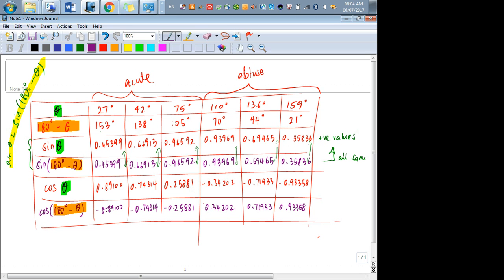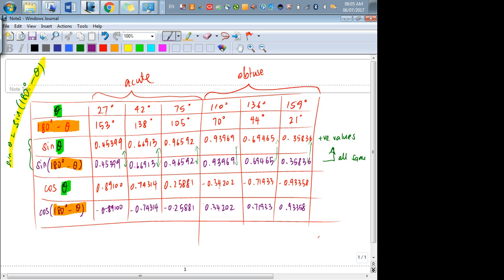Okay, so what do you notice about the values in cosine theta and cosine 180 degrees minus theta? What can you tell me about the sign first? I mean the sign, whether it is positive or negative. Compare these two. This one positive, this one negative, right? How about this one? They are the opposites.